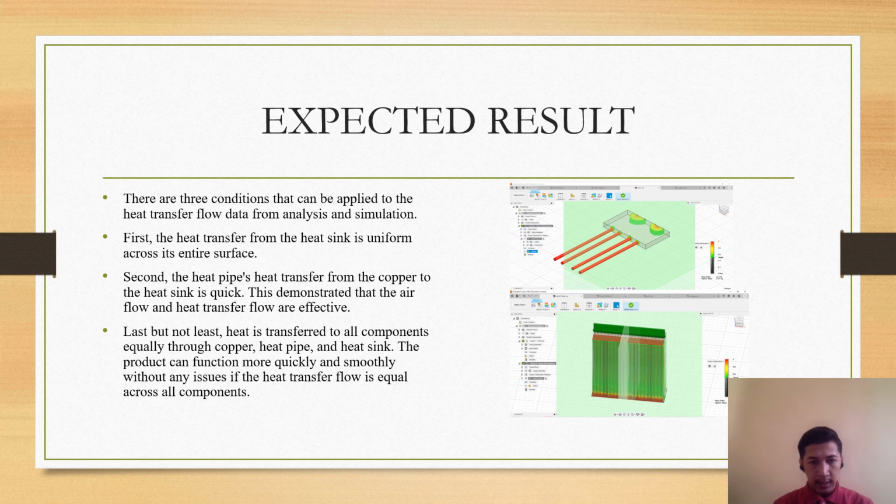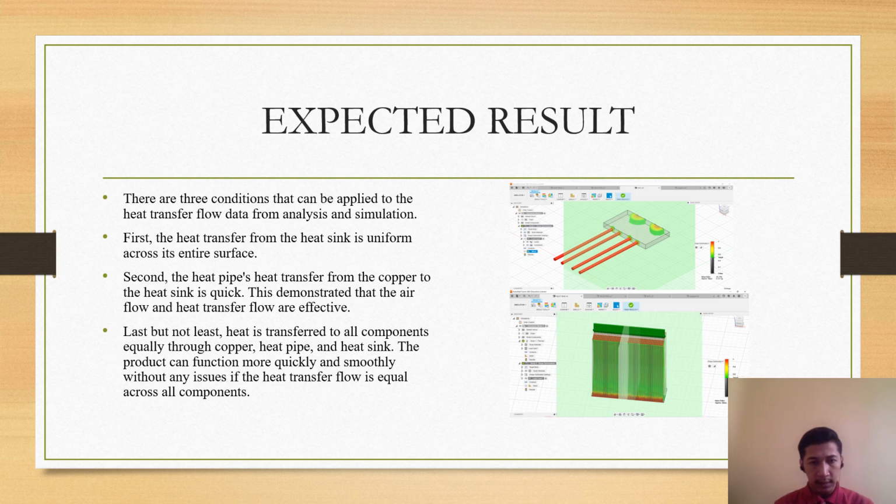There are three conditions that can be applied to the heat transfer flow data for analysis and simulation. The first one is the heat transfer from the heat sink is uniform across its entire surface. The second one is the heat transfer from the copper to the heat sink is quick.